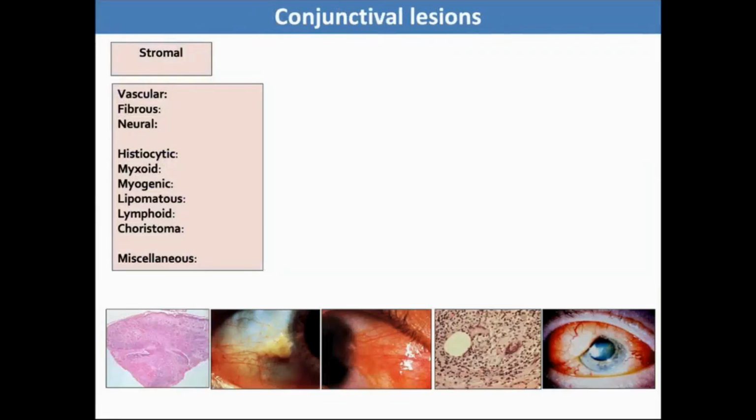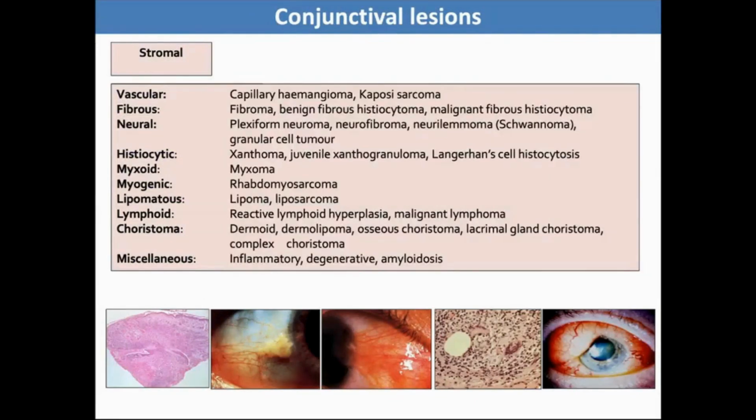So just moving through these. Sorry, these are the various stromal lesions. And when we consider the stroma within the conjunctiva, it is quite rich in terms of its blood supply. It has a large number of lesions which can arise from the fibrous cells.